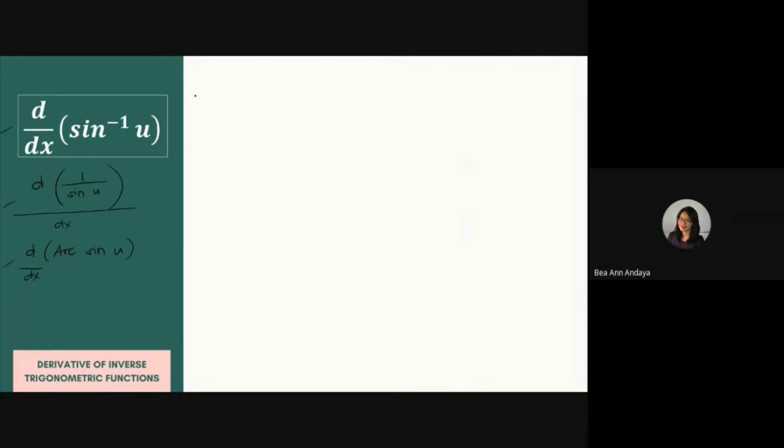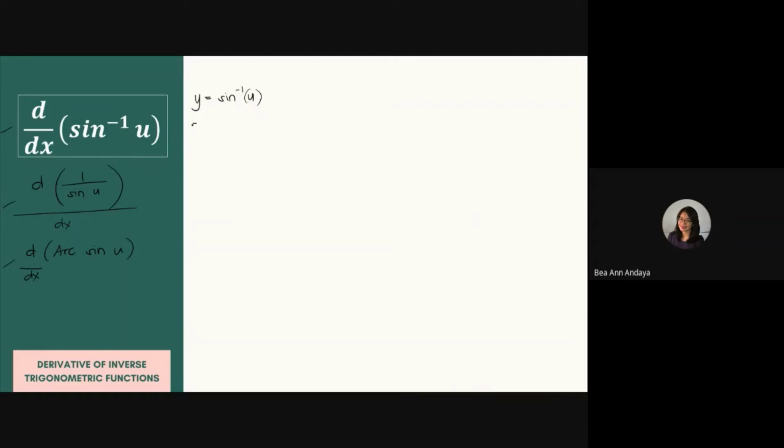If we have the function y is equal to the inverse sine of u being the angle, kailangan mo raw alamin kung ano yung derivative ng inverse sine u. Yun nga lang, wala pa tayong alam tungkol sa formula na yan. So let's transform this function in such a way that we can use some familiar formulas na napag-aralan natin dati.